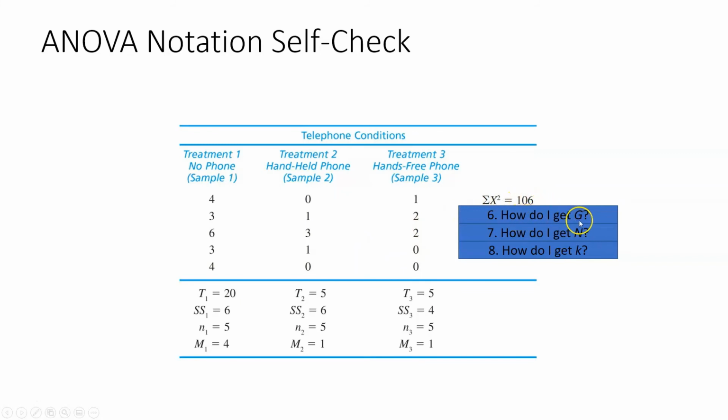How do I get G? Remember, G is the grand total of all the scores, so you just add up these, and these, and these, or you can add up the T's, because the sum of the T's is also equal to G. How do I get capital N?